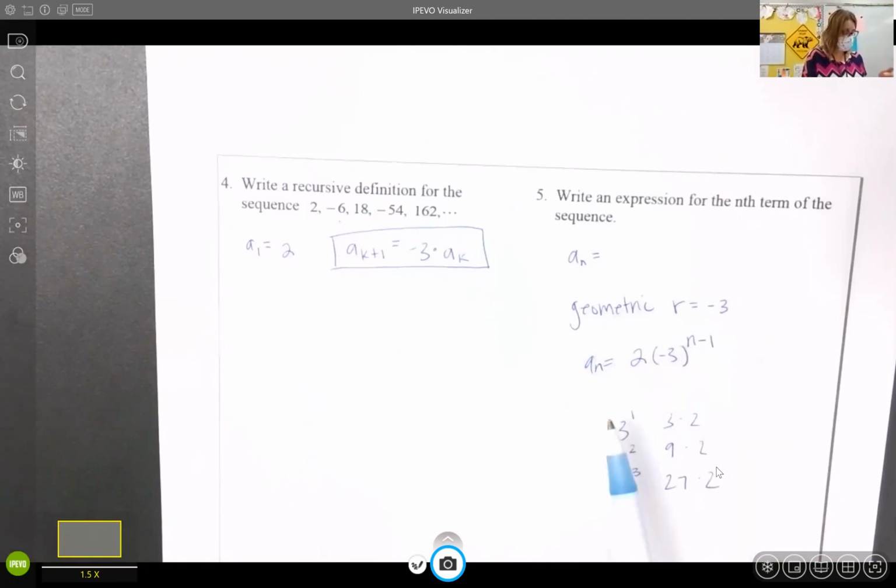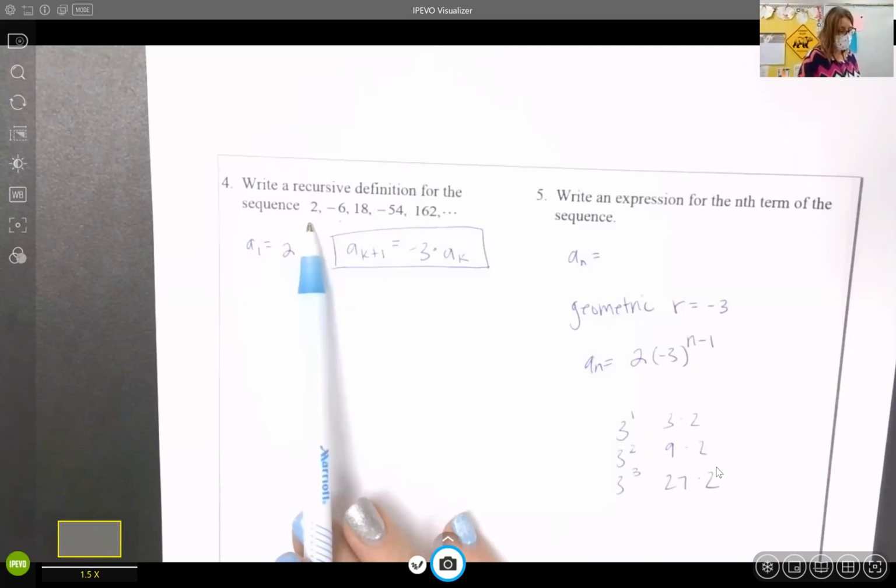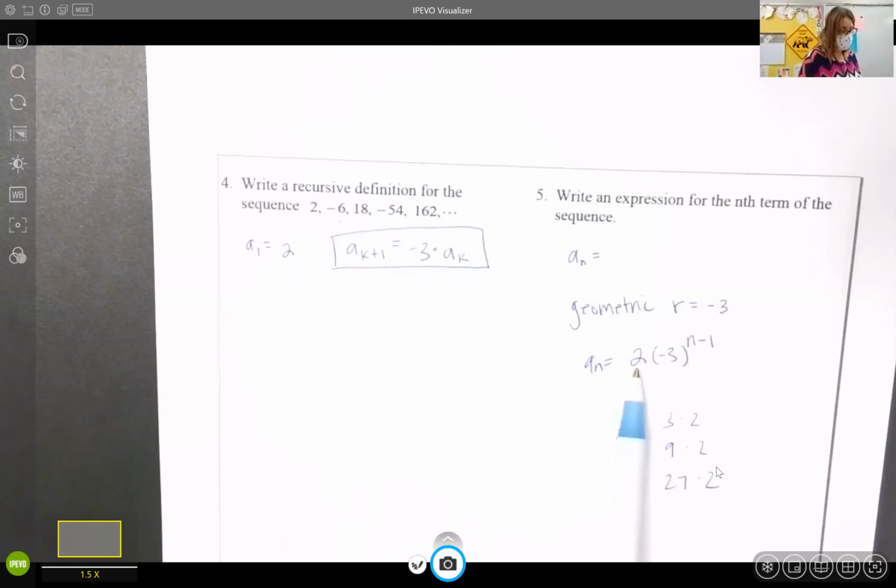What about a 3? Now, you need to check your negative, okay? So the first term is a positive, which means my 2 has to multiply by a positive 1, because of the 0 power. When I plug in a 2 for n, that's the second term, I need this -3 to stay negative, right? So I need this power to be an odd power, okay?